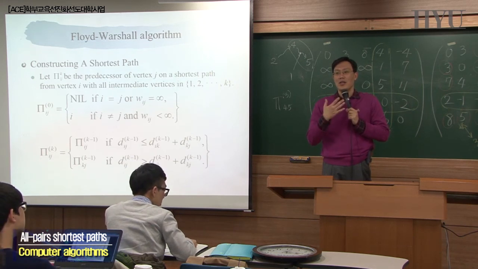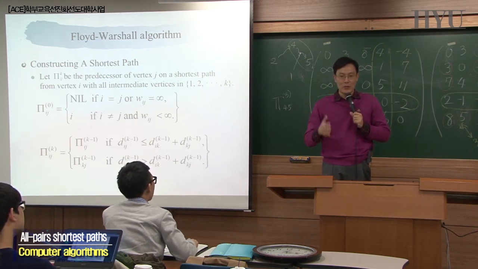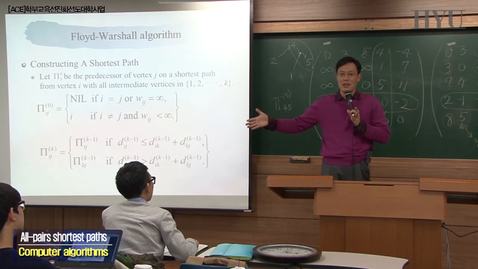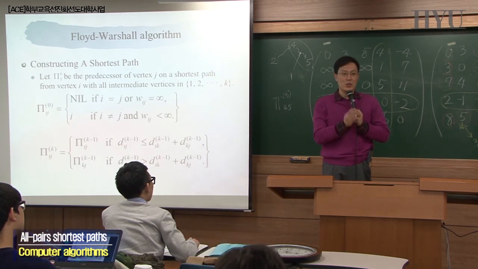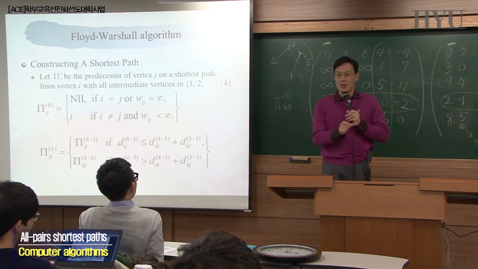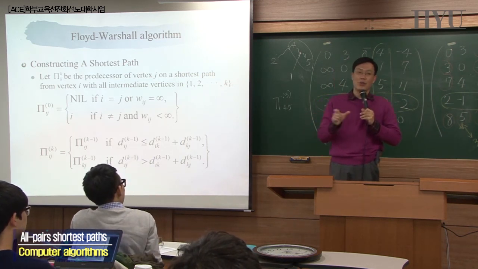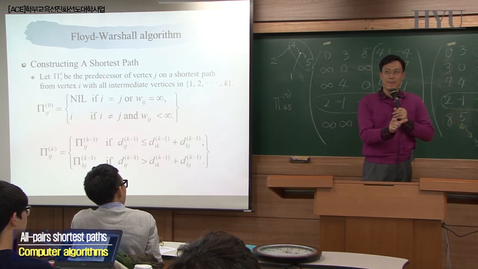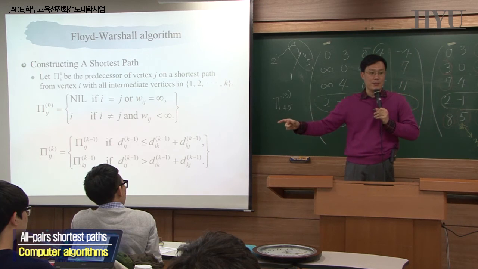Usually, the algorithm class has 3 exams: quiz 1, quiz 2, and final. Usually 40%, and 30%.